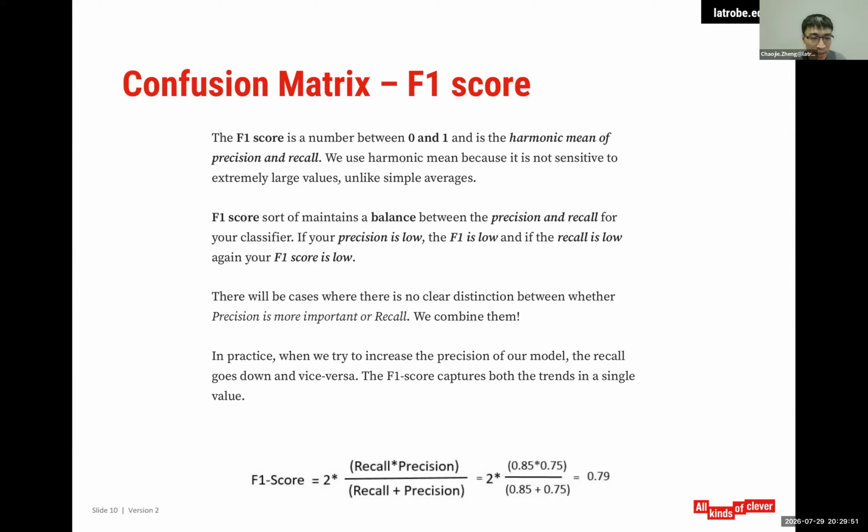Normally, if we tune the model to achieve better precision, we may make the recall lower at the same time. So it is a trade-off between precision and recall. The F1 score shows an intuitive view of the balance between precision and recall, because if either measurement is low, the F1 score will be low.